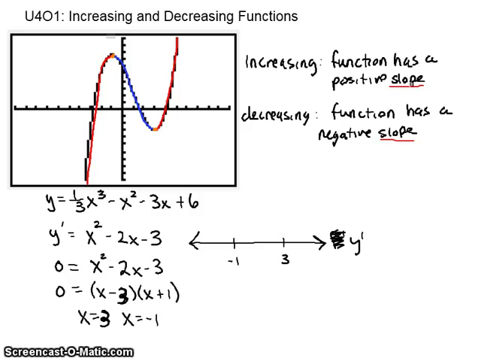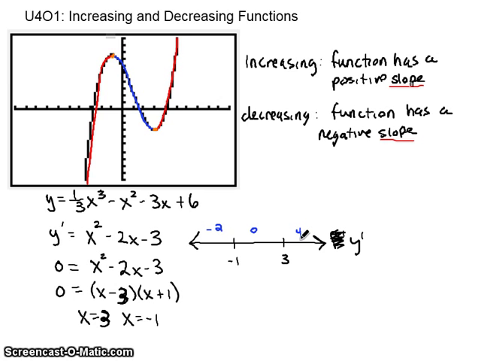Then we're going to take any value that we want in each of those three sections on our number line. Something less than negative 1 we can say is negative 2. Something in between negative 1 and 3 would be 0. Something bigger than 3 could be 4. You can take any numbers that you want in there. I'm just going to take those ones.